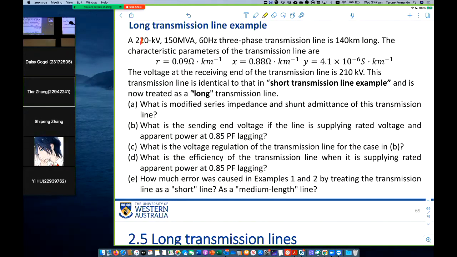Let's read it again. What is the sending end voltage if the line is supplying rated voltage and rated apparent power at 0.85 power factor lagging? So it's supplying the rated current to the receiving end, and I also know the power factor, 0.85 lagging. What is power factor?